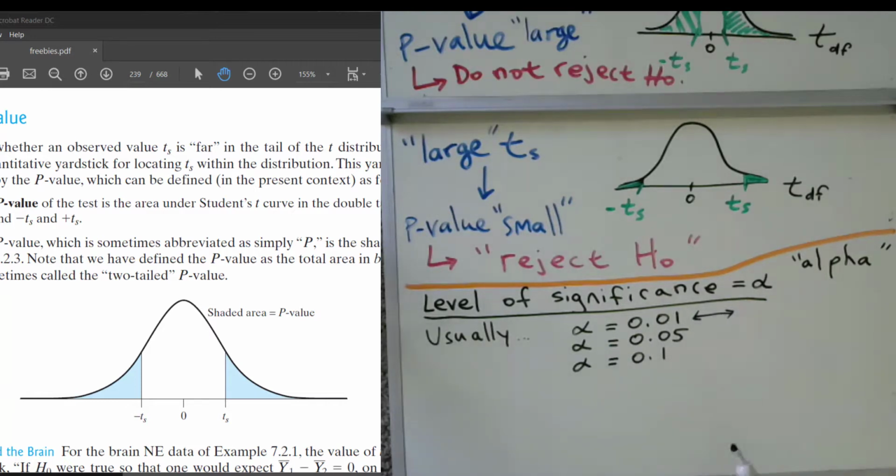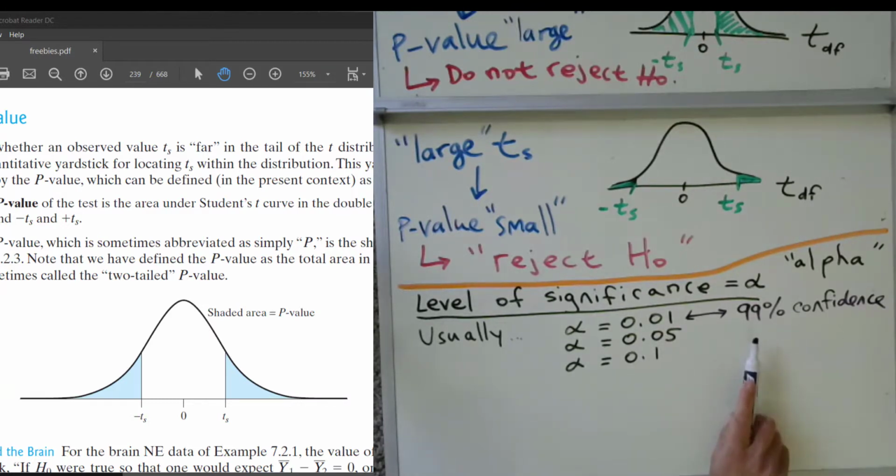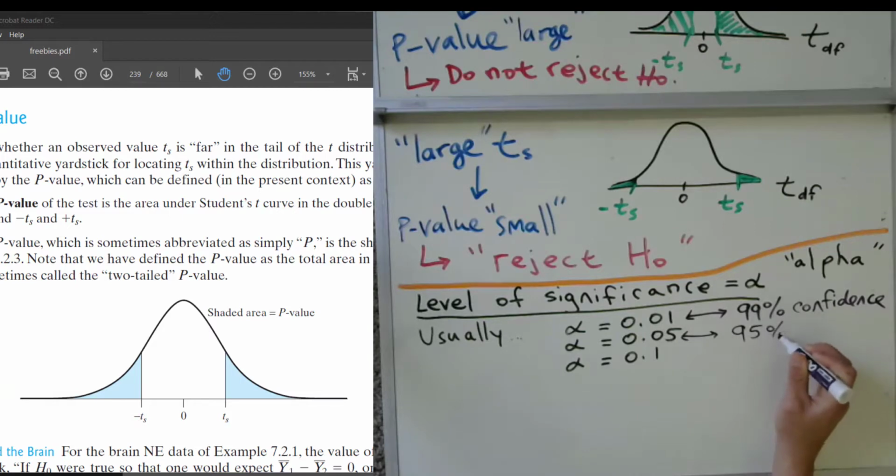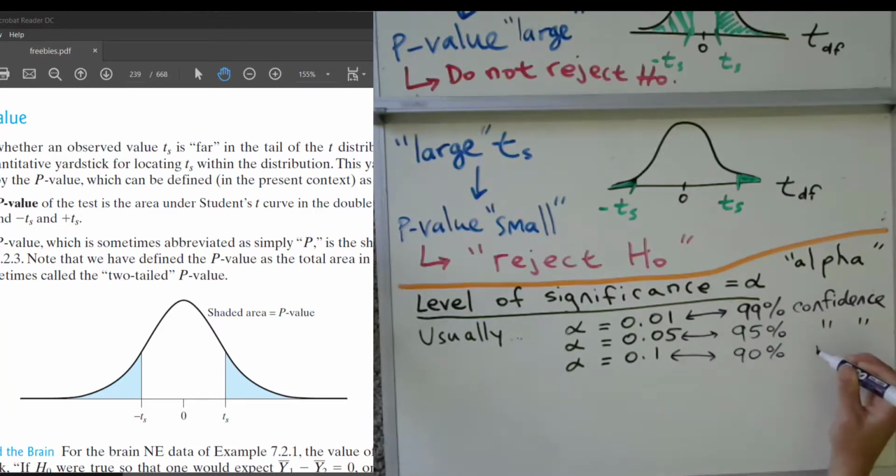The significance level is complementary to confidence. So 0.01 significance corresponds to 99% confidence. 0.05 corresponds to 95% confidence. And 90% confidence corresponds to alpha 0.10.